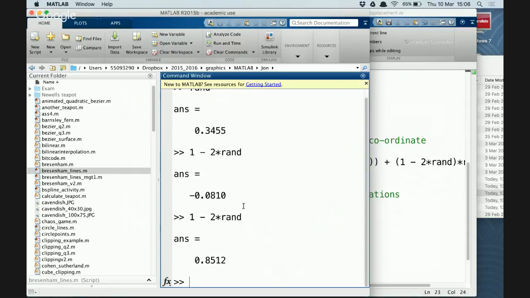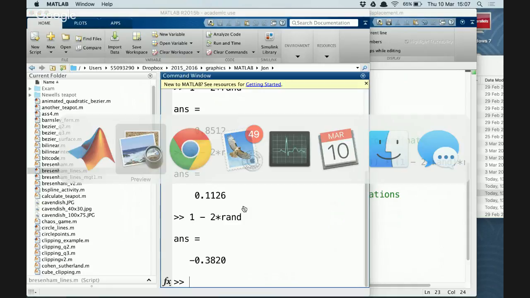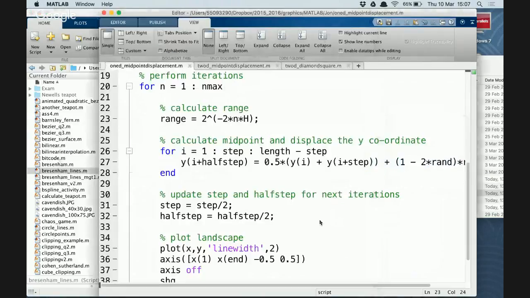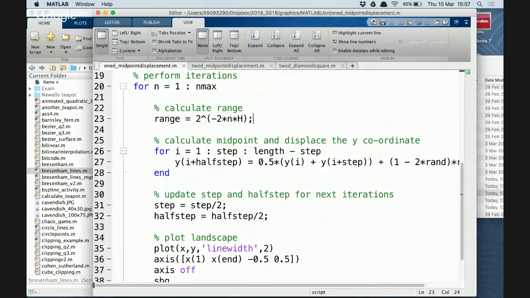As you can see, sometimes it's negative, sometimes it's positive. So that's in the range -1 to +1. So 1 minus 2 times rand just gives me that, it's the coin toss in other words.